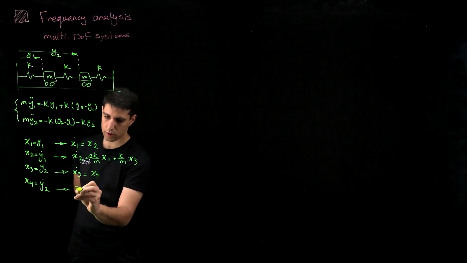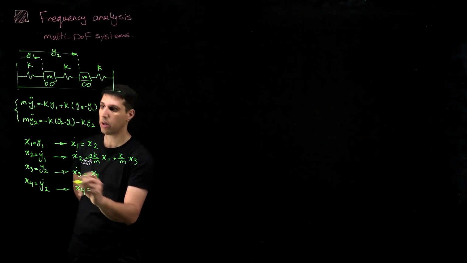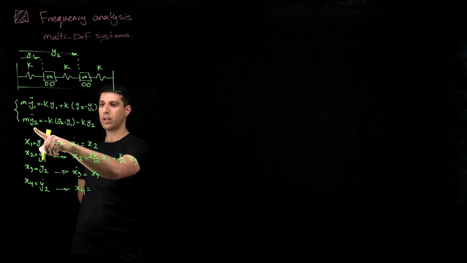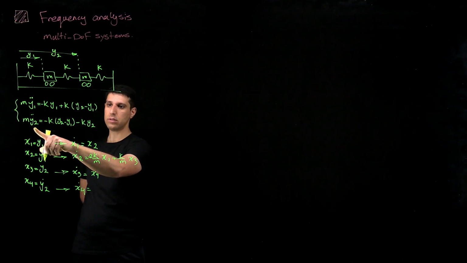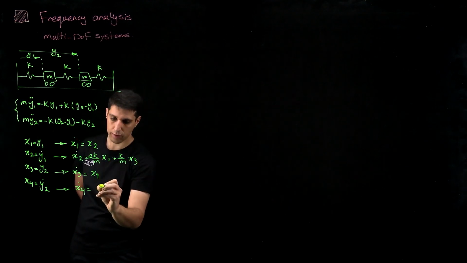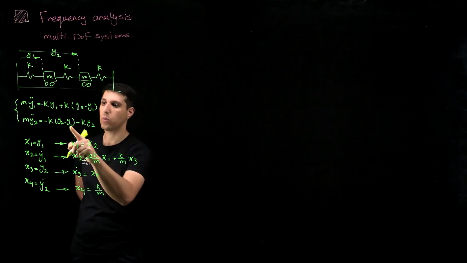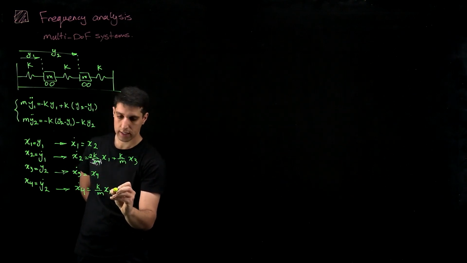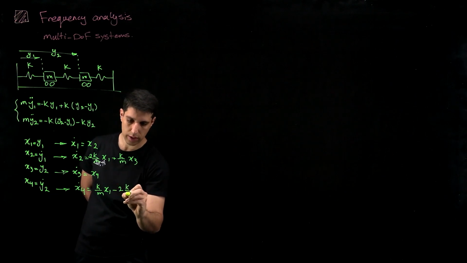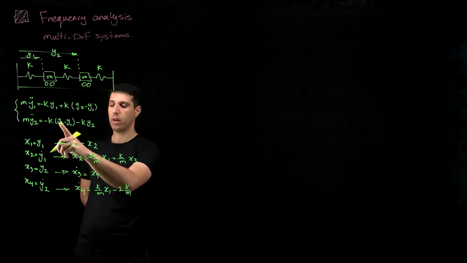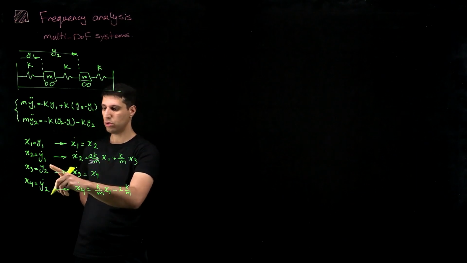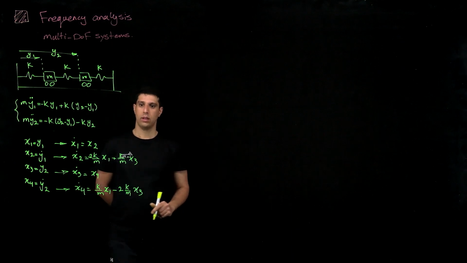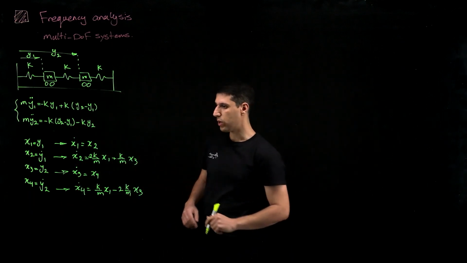And the last one, x dot 4, becomes y double dot 2, which is this. So I'll have k over m times y1, which is x1, minus 2k over m times y2, which is x3. So these are my state equations.